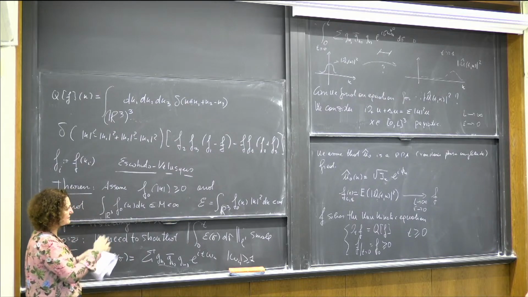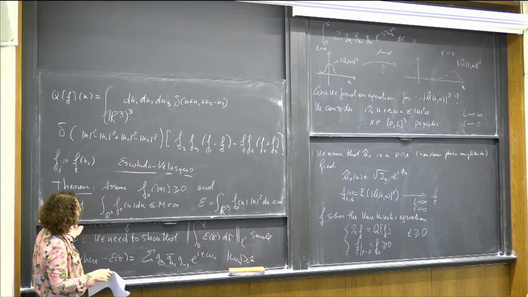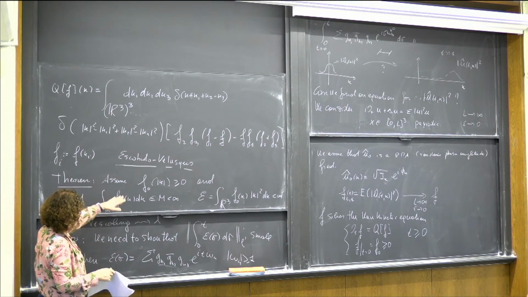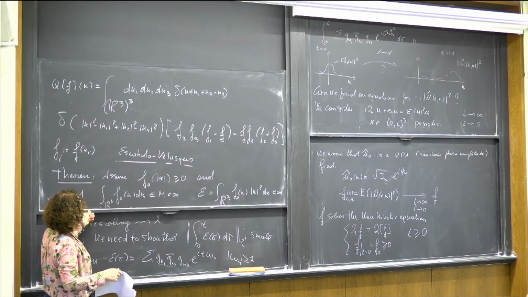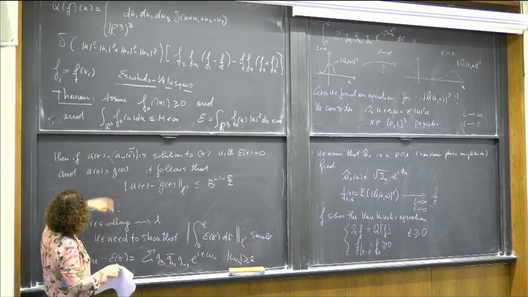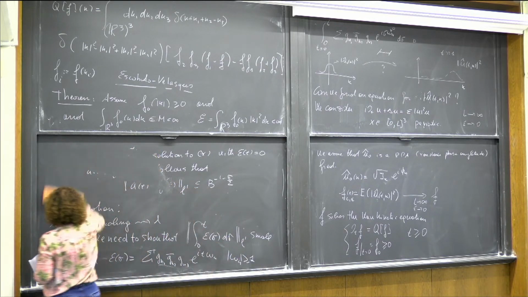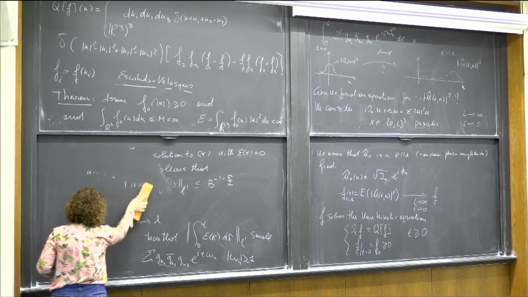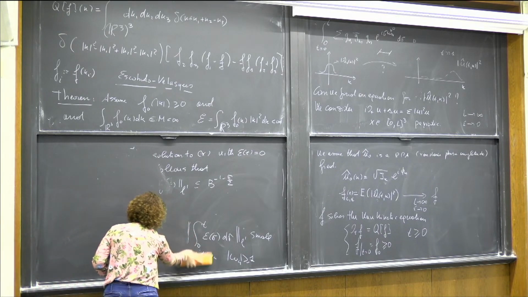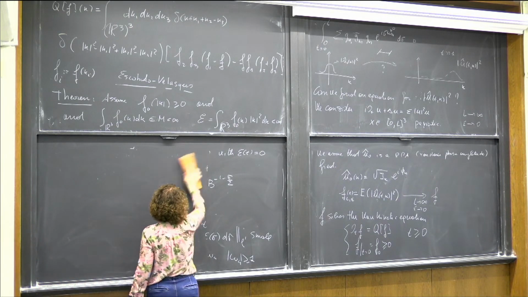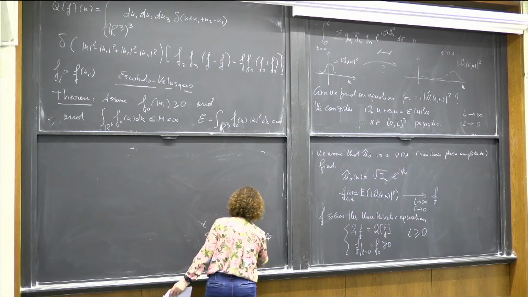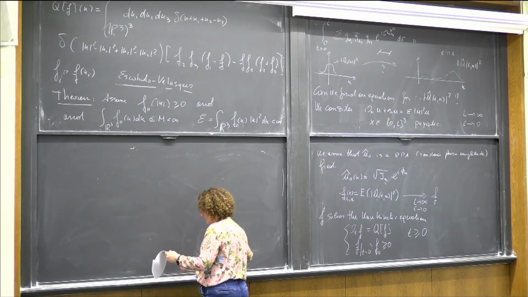Because we are looking at, these are really Fourier transform type of things, Fourier coefficients. So this is the assumption for the initial data: radial, mass and energy are finite. So let me tell you first that we know that there is a solution, then I have to write for you what it means to be a solution. So let me first state the theorem, and then I'm going to tell you what that means.